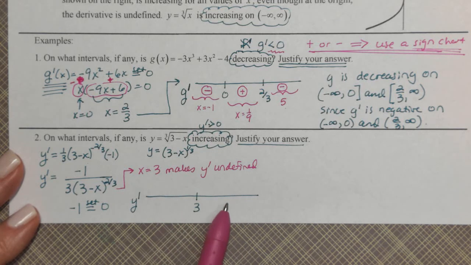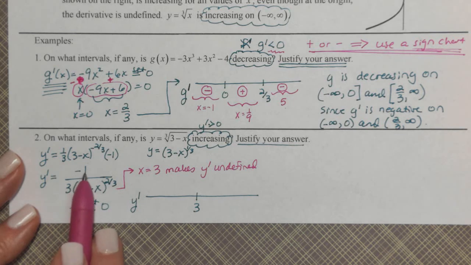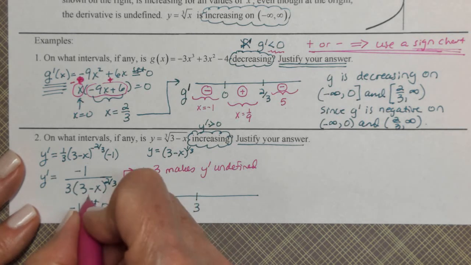Okay, let's go to the right of 3, like 4, and put that in for x. 3 minus 4 is a negative 1. The cube root of negative 1 is negative 1, but then we're squaring negative 1, so that's 1. So this is 1, and that's positive.